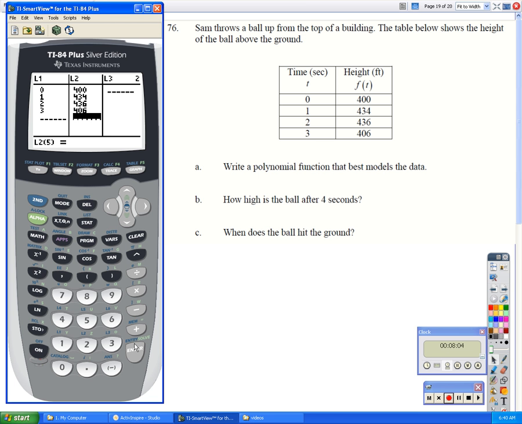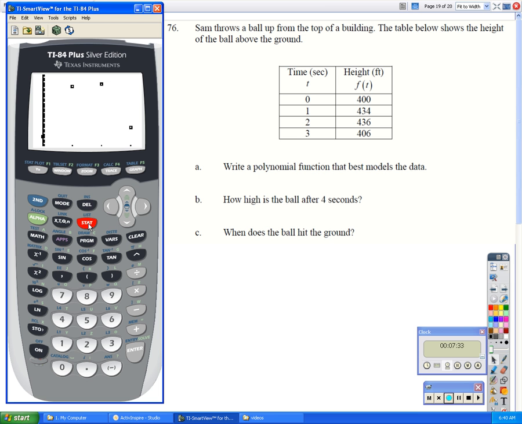I noticed that these are not increasing or decreasing by a consistent value, so it's not linear. If I want to look at the scatter plot, I'll turn plot 1 on. I'm going to go to zoom, stat, number 9. And I see that they're in the pattern probably of a parabola.